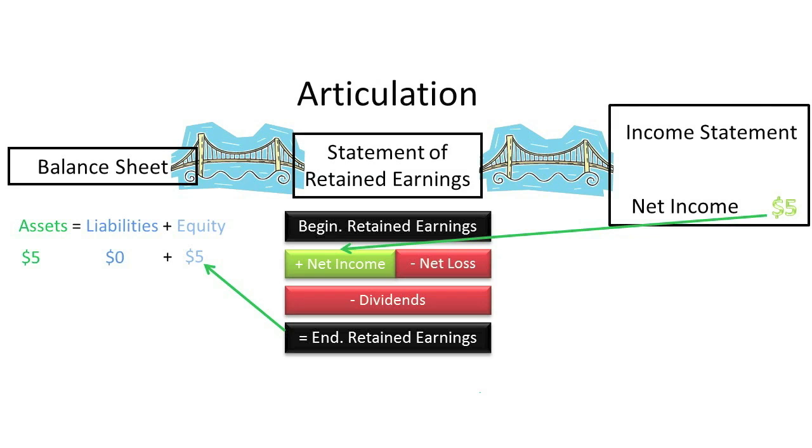The following represents the impact of the $5 of net income on the balance sheet. Or it can be written as net assets equals equity, where net assets are assets minus liabilities.